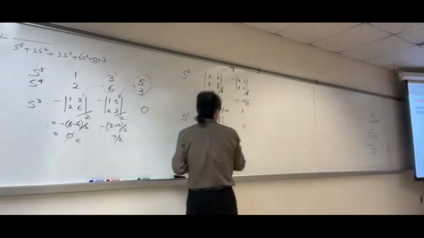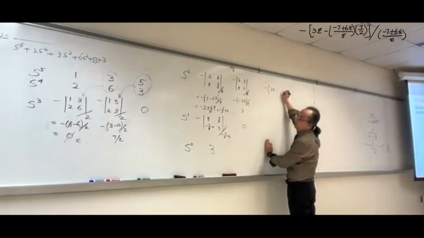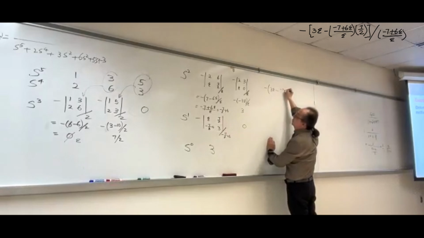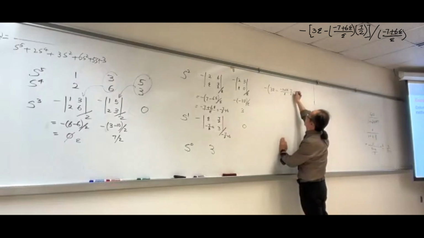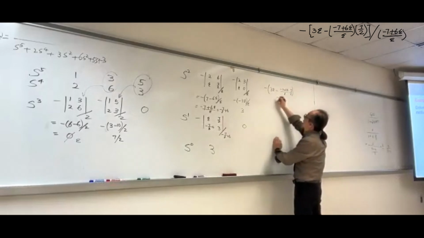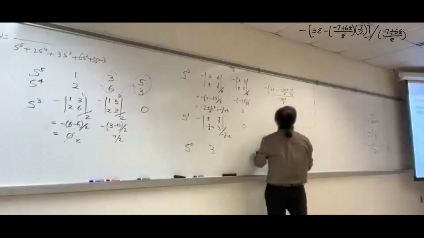Now for this guy, we have negative of AD minus negative 7 plus 6 epsilon over epsilon times 7 over 2, everything over negative 7 plus 6 epsilon over epsilon.